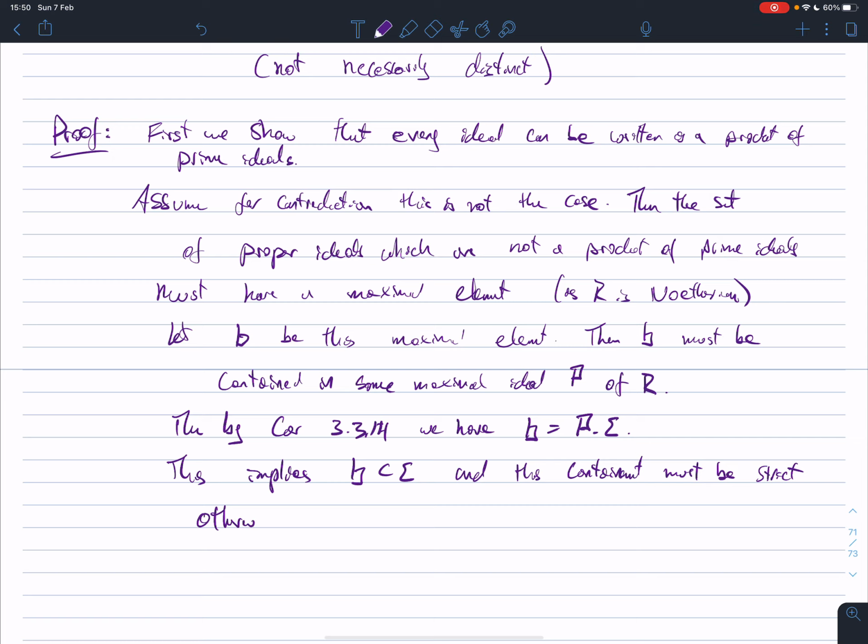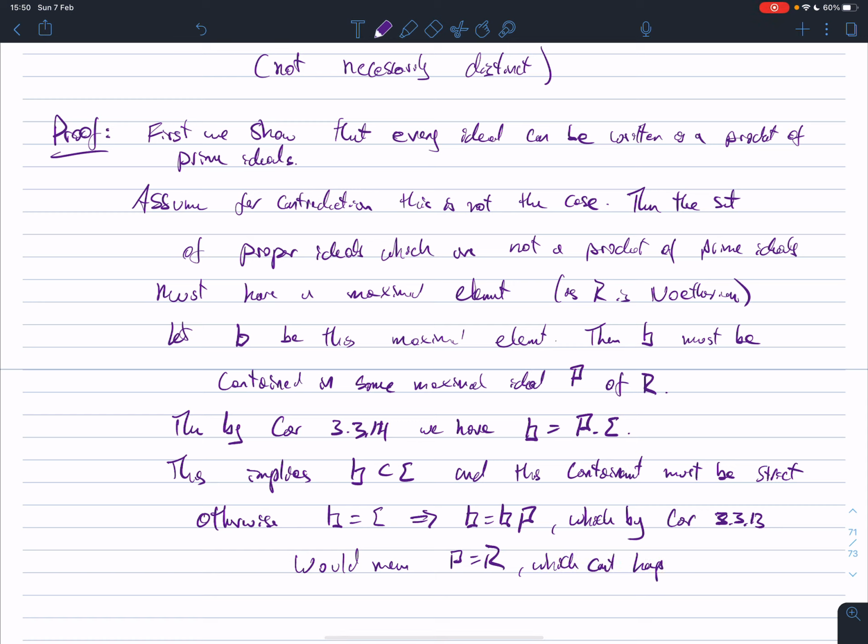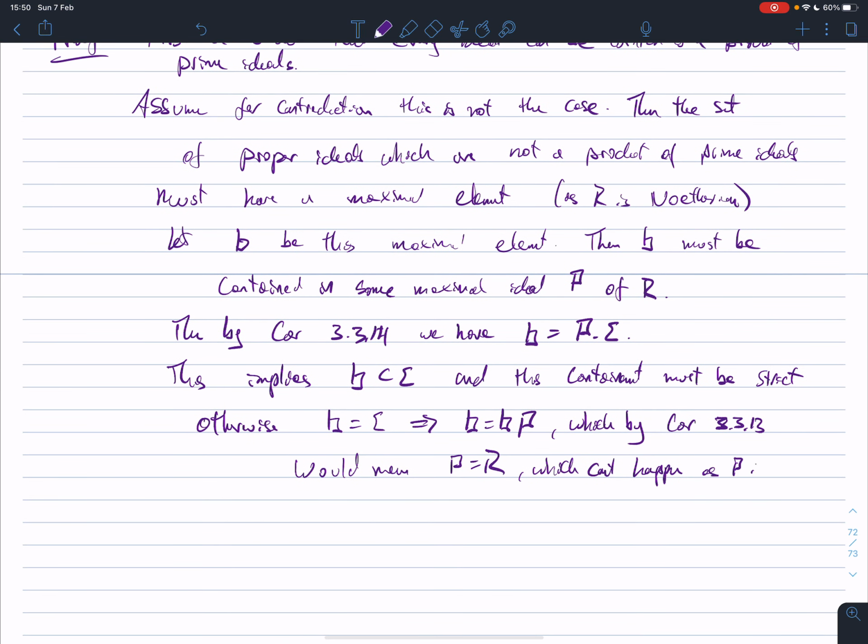Otherwise, if B equals C, then B would equal B times P, which by the corollary before this one, 3.3.13, would mean, because we can cancel out, that P is the whole ring, which can't happen, as I've taken P to be a proper ideal.